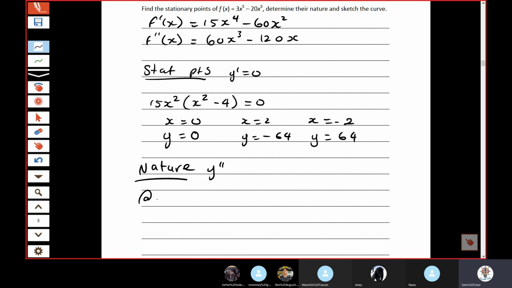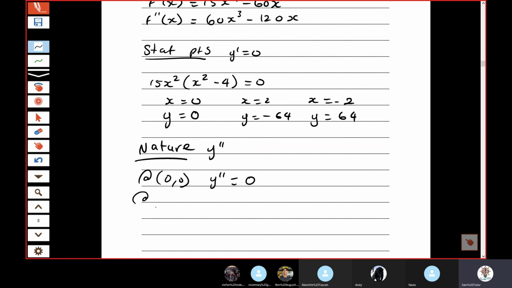So, at 0, 0, y double dash equals 0. I'll come back to that one. At 2 and negative 64, y double dash equals 240, greater than 0, min. At negative 2 and 64, y double dash equals less than 0.